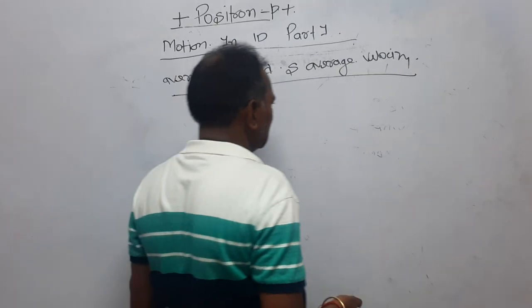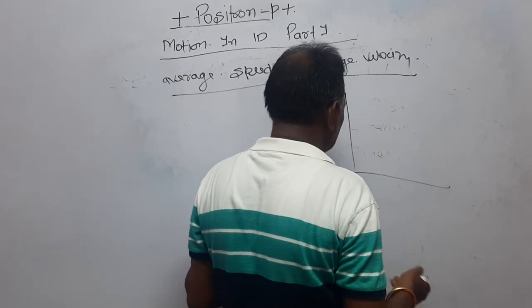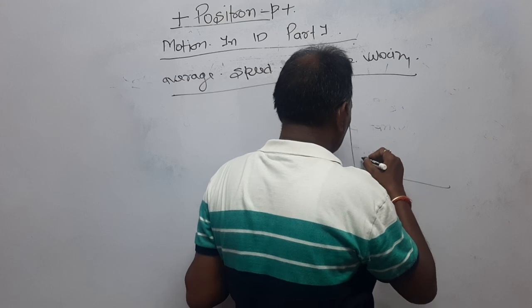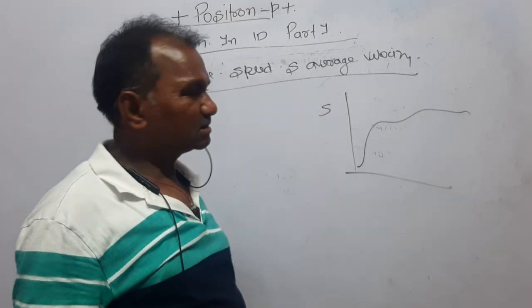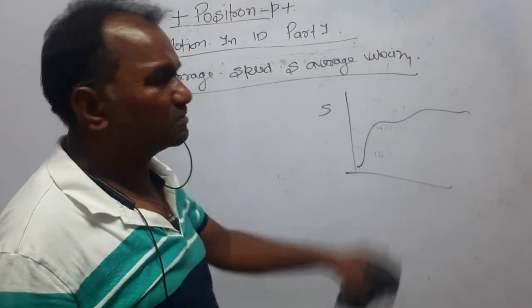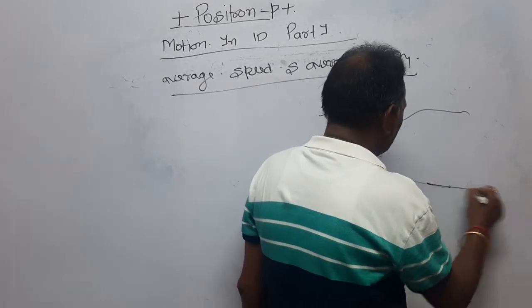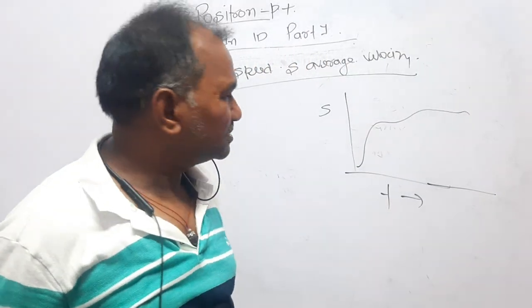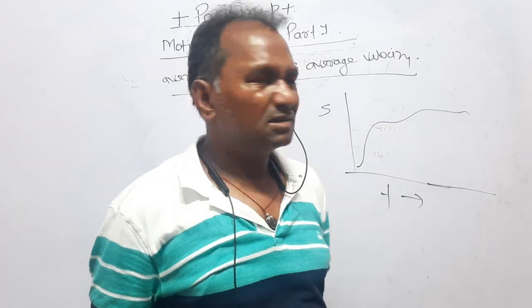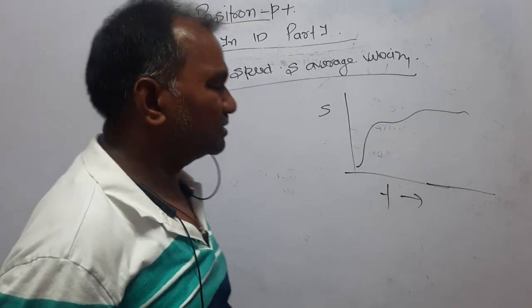Let the graph between displacement and time be like this, right? It is a zigzag, a curvature. The body is following a curvature like this. In this case, we have to find out the average speed and average velocity.